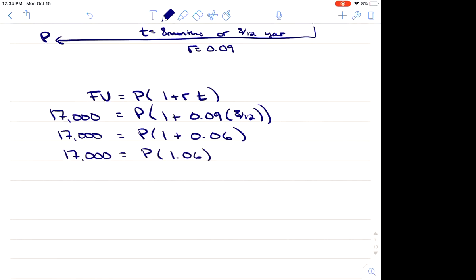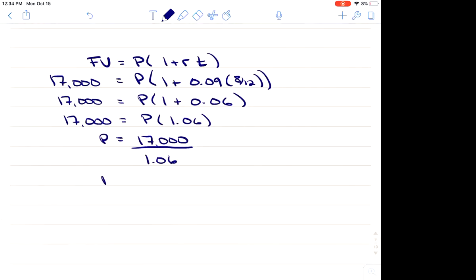Right, simplifying inside the brackets. So P must be 17,000 divided by 1.06. P must be $16,037.74. Just start rounding right away.